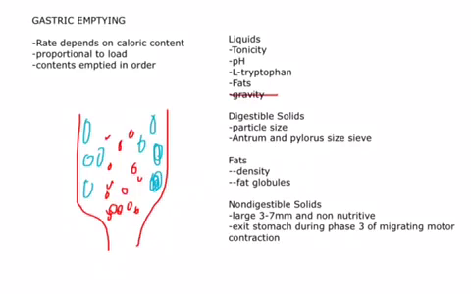Then we have the non-digestible solids, where the particle sizes are 3 to 7 millimeters, and they're non-nutritive to us humans, but bacteria want these. They exit the stomach during phase 3 of the migrating motor contractions.